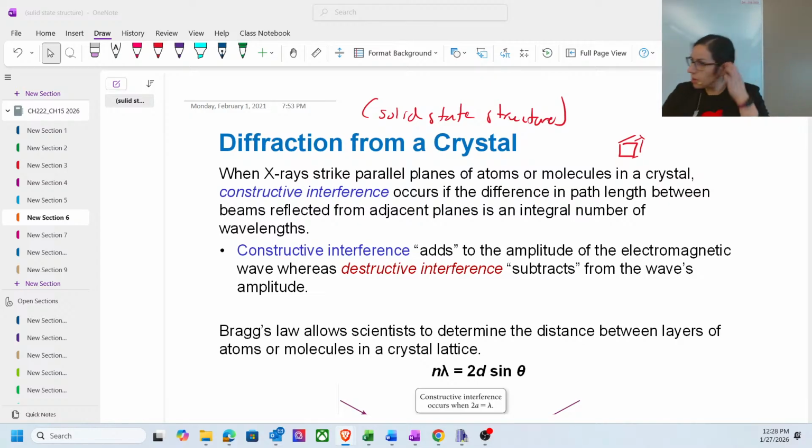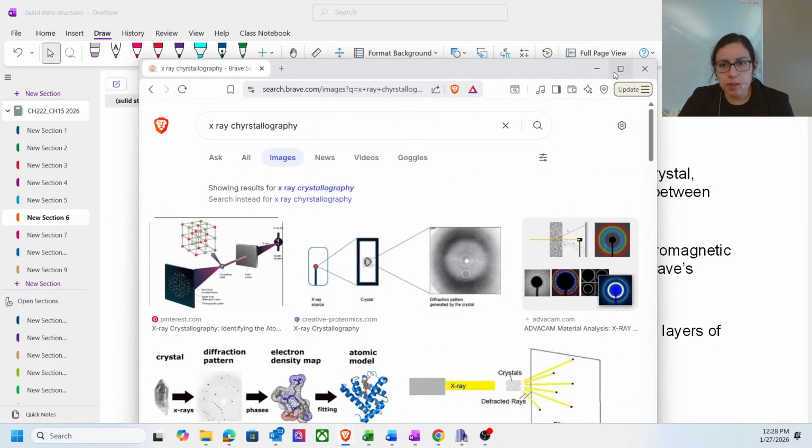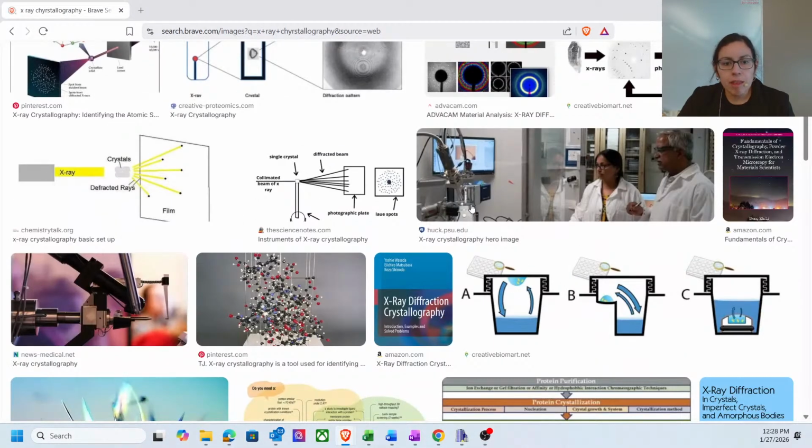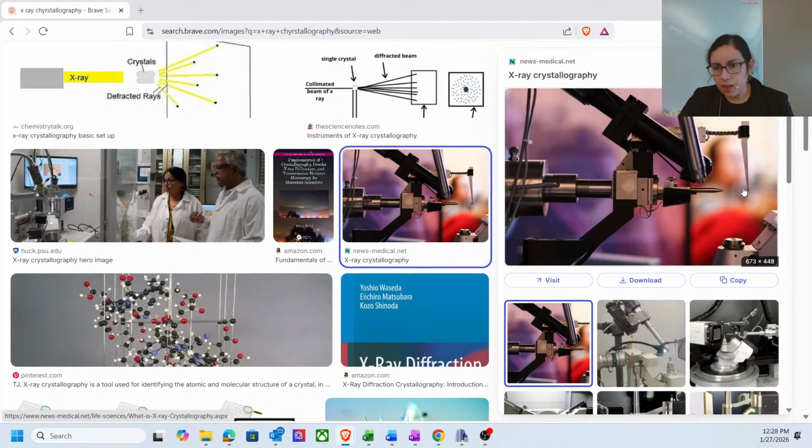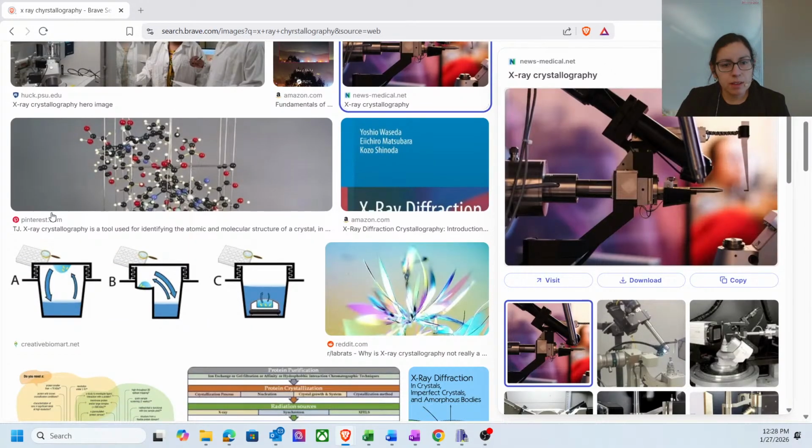Now this is a specialized organometallic field. Just trying to find a nice picture of what happens. I like this one because this is showing how small it is. You're just mounting your crystal on this little point.